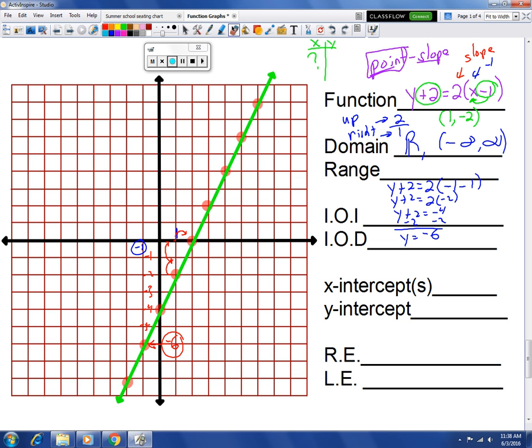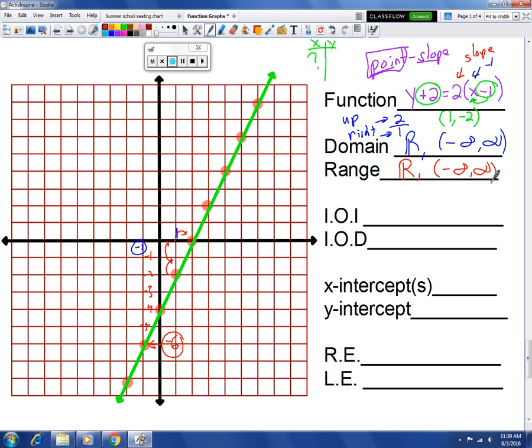So to get a value of -6, I could have picked -1. But for range, I can get any answer I want if I just pick the right x. You don't have to pick the right x, you just got to know that you can get any y value you want. So again, range, which is pretty typical, unless it's a horizontal line, that's what your domain and range is always going to be.